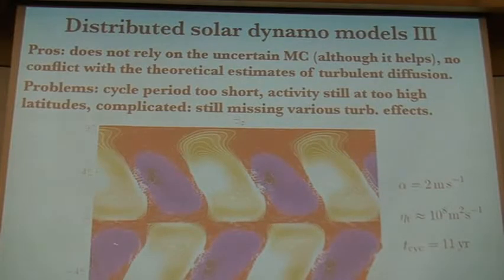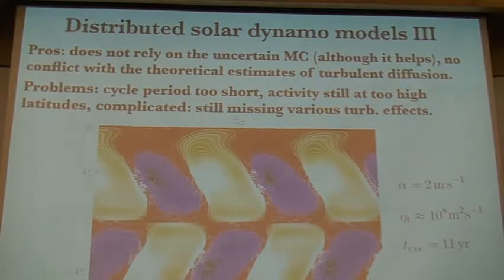and what we get here is just a typical butterfly diagram again. This is now the toroidal magnetic field at the base of the convection zone. And we do again see these equatorward propagating active regions, but the cycle period is just half of the solar cycle period.